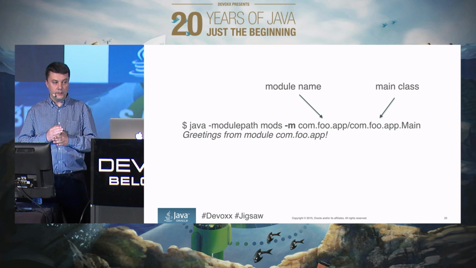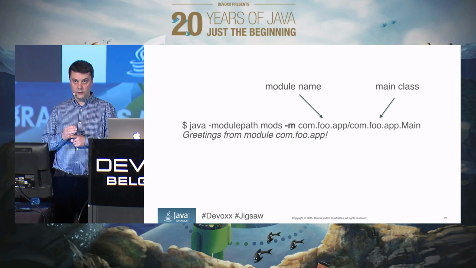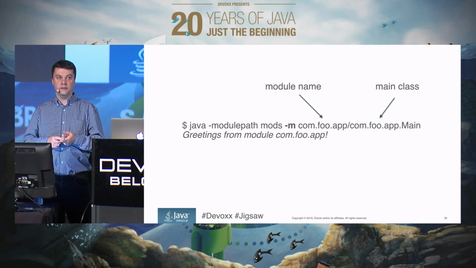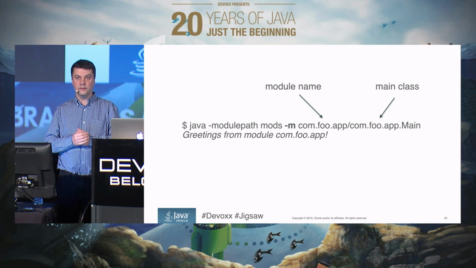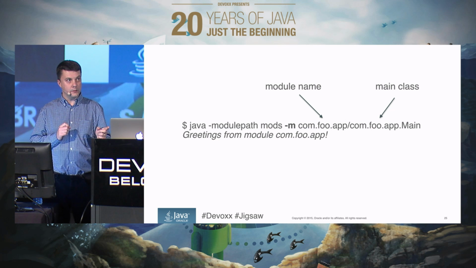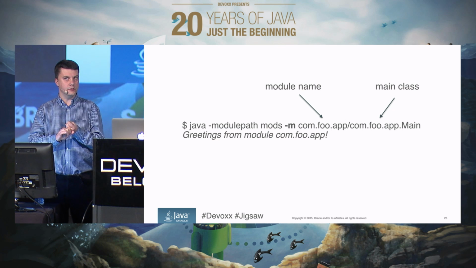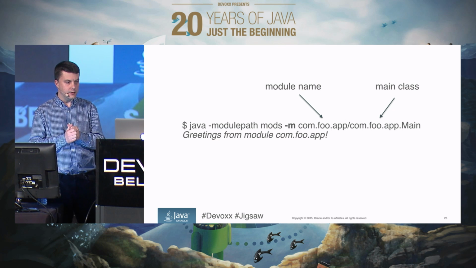What happens here is that it'll try to load module confu app. It'll resolve its dependencies. We'll go through that in the next couple of slides, and then it'll run its main class. This initially looks a little bit cumbersome because I'm giving it two pieces of information rather than just the main class as I would have done before. We'll get to that in a couple of minutes.